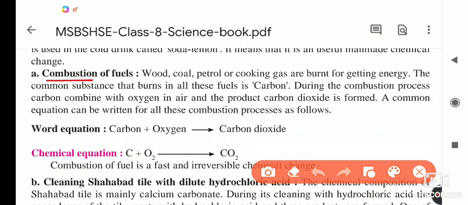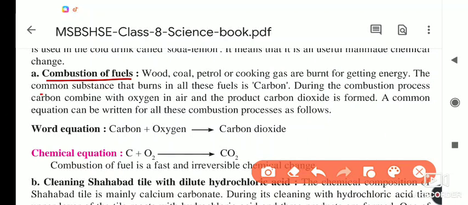Next, it is the combustion of fuels. As you know, there are different vehicles, cooking gas, and in olden times, wood was used as a fuel. From wood, coal, petrol, and cooking gas, when we burn them, we get energy.